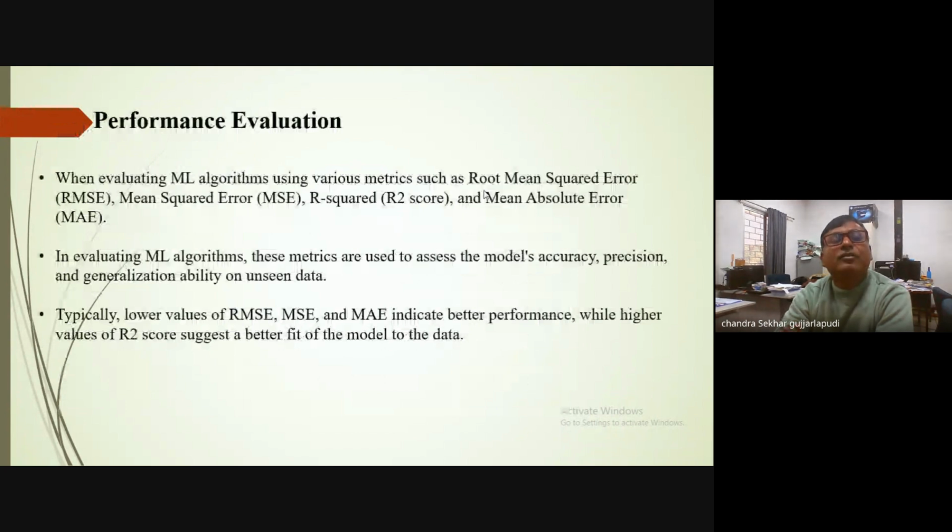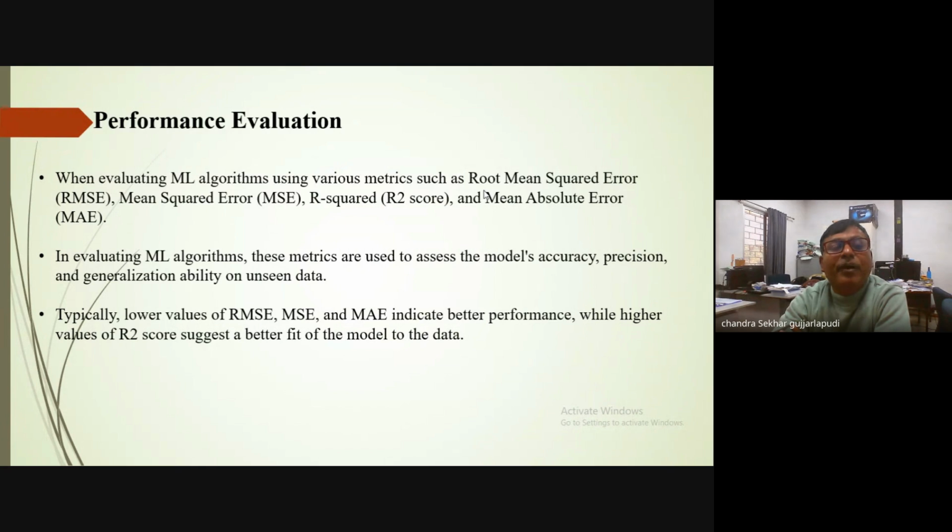To determine the performance of our model, we have calculated some performance metrics which can give you information about the model. Here we have utilized root mean square error, mean square error, R2 square, and mean absolute error. In evaluating a machine learning algorithm, these metrics are used to assess the model's accuracy, precision, and generalization ability on unseen data.